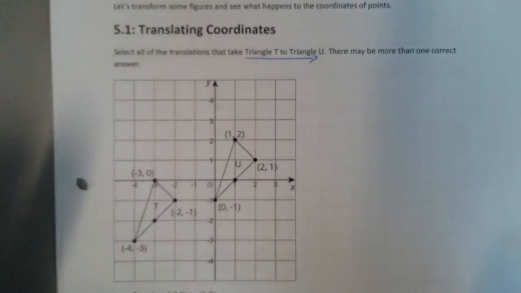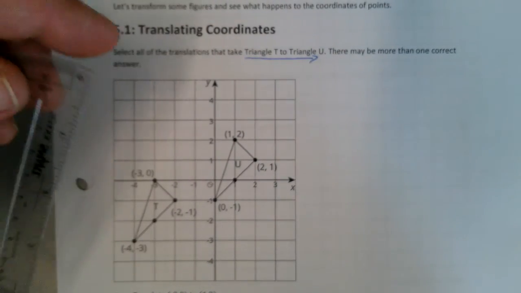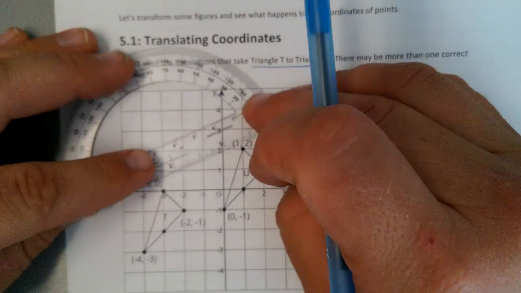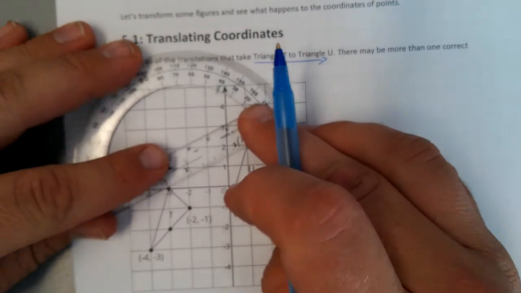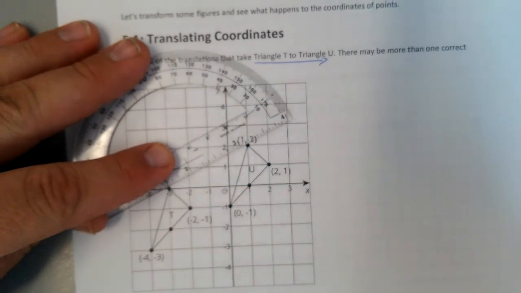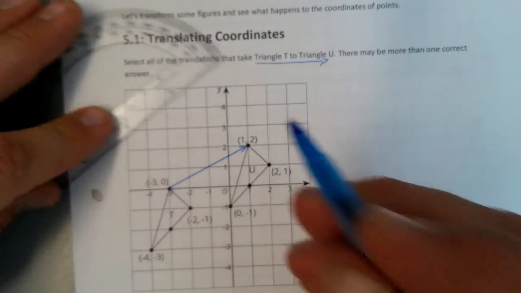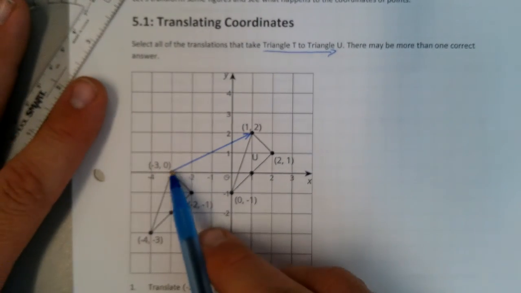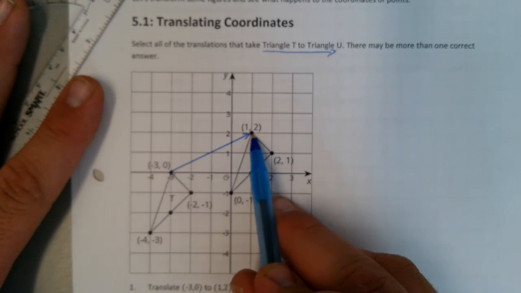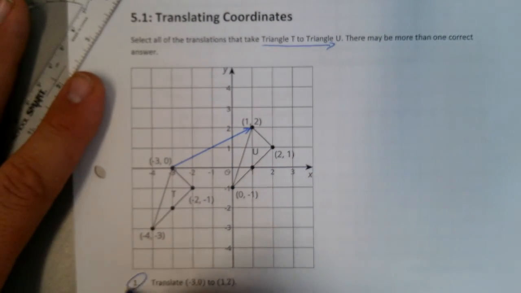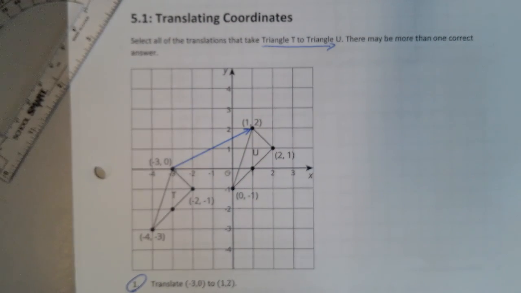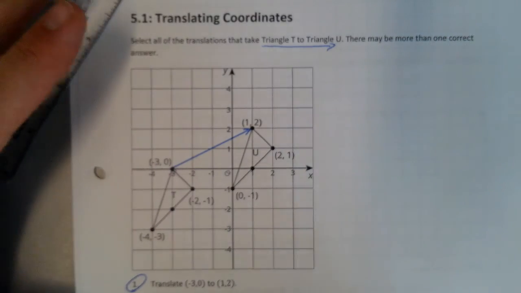The top of this one is +1, 2. And if I take my vector from -3, 0 to 1, 2, this is true as far as the translation goes, because I go from the corresponding point on T to the corresponding point on U. Number one is one of the correct answers.